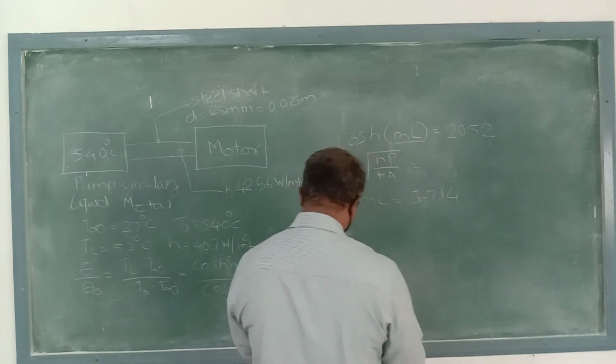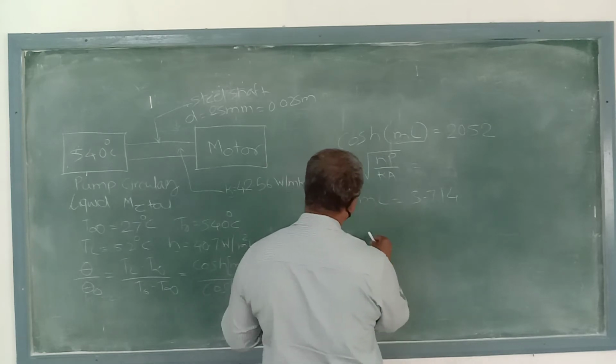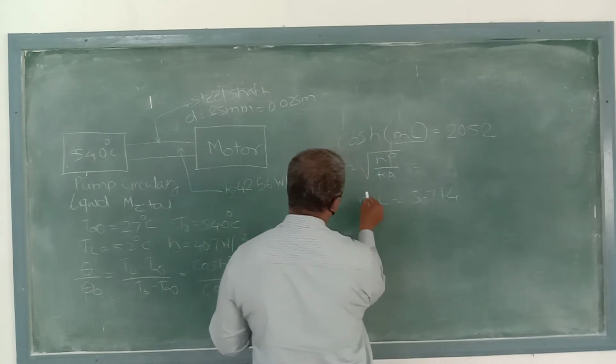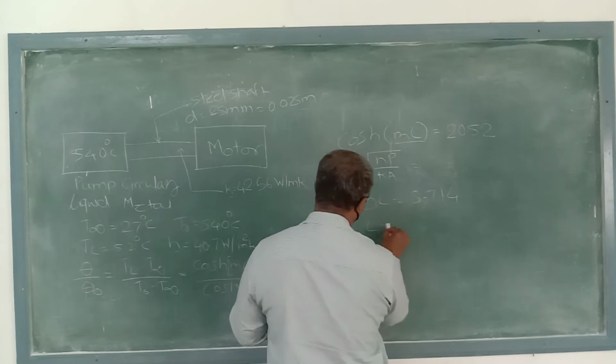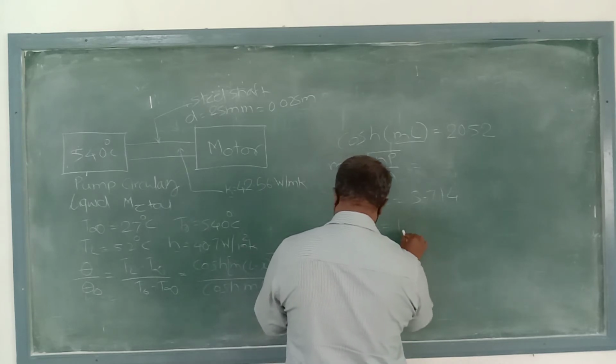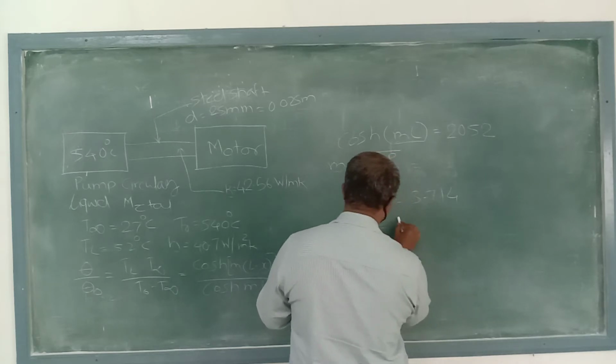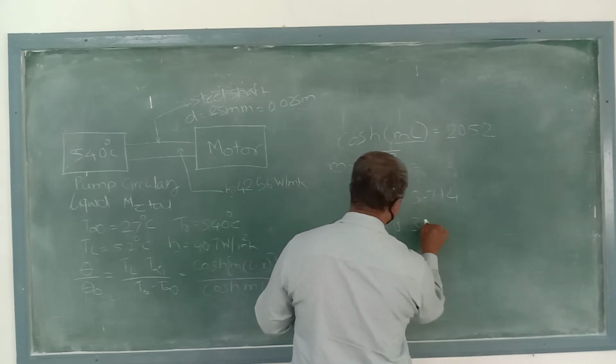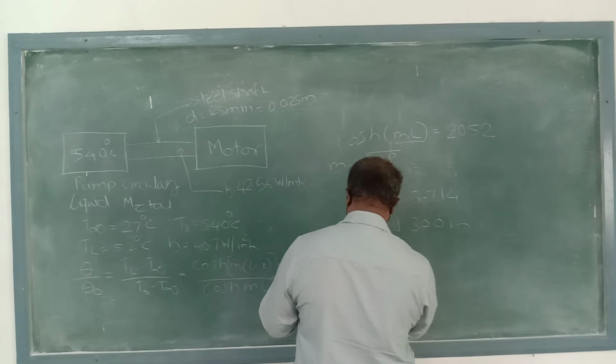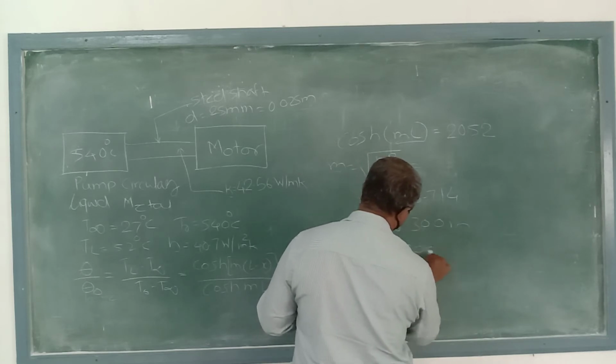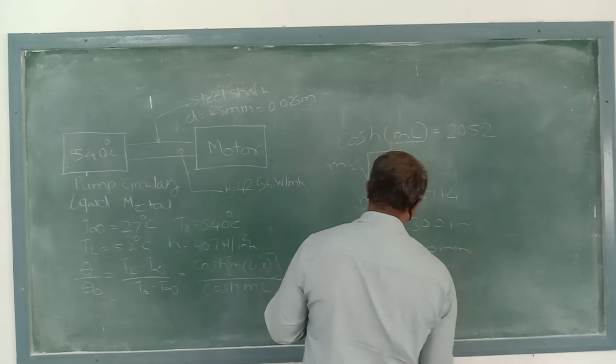From this you can calculate, as you have calculated the m value, L is equal to 0.300 meter, or you can say L is equal to 300 mm.